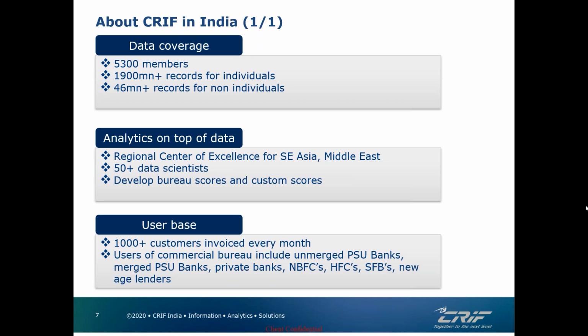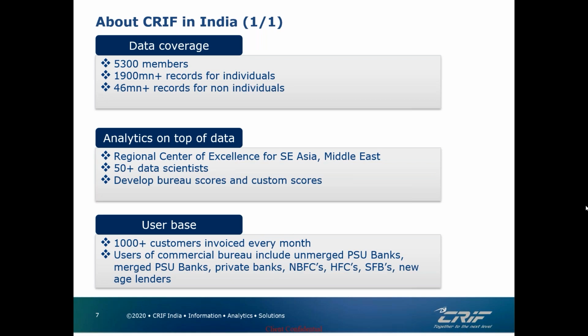The scrub will give you a view into any trade line or any facility that the customer has ever taken. For every facility, you will get a history of, let's say, delinquencies and utilization, amongst other things, for the last 24 months.